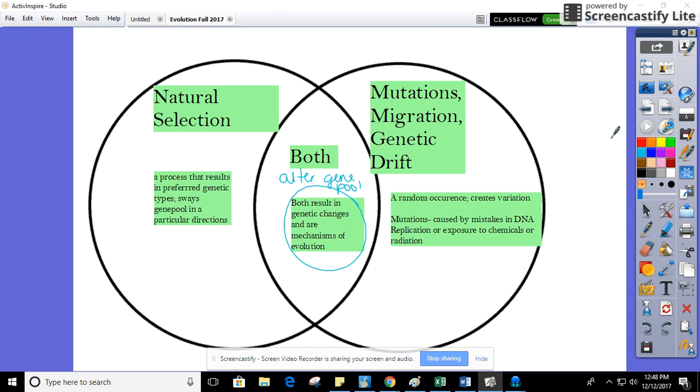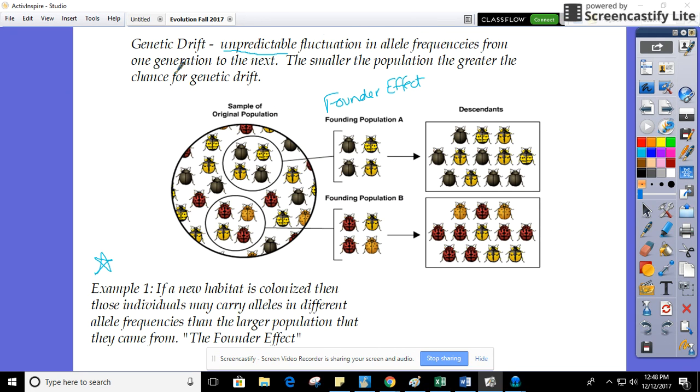Finally, we're going to take a look at genetic drift and the founder effect and the bottleneck effect. Genetic drift is an unpredictable fluctuation in allele frequencies. The founder effect is talking about a sample of the original population. So it's kind of like if a new habitat is colonized, or you take a small portion of the original population, it is the founder of a new population.